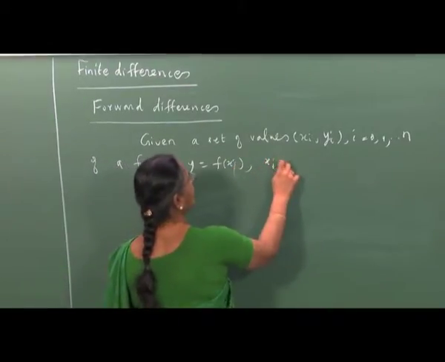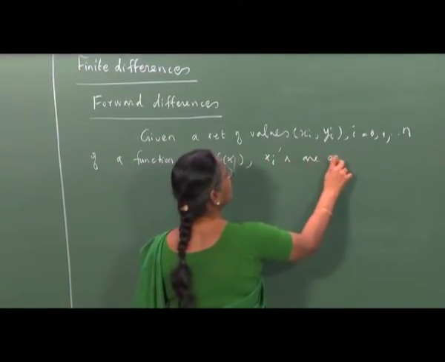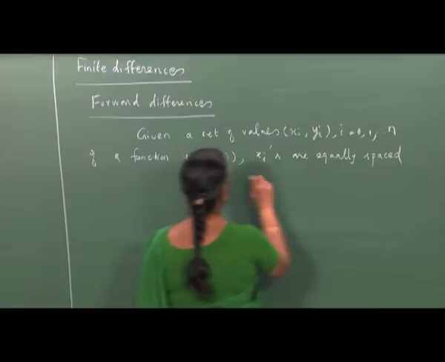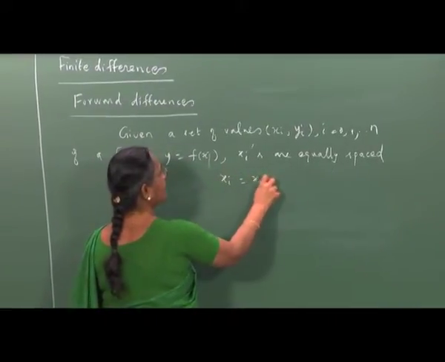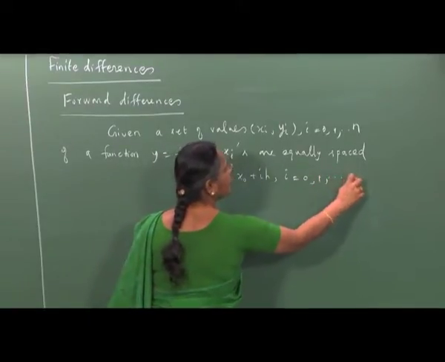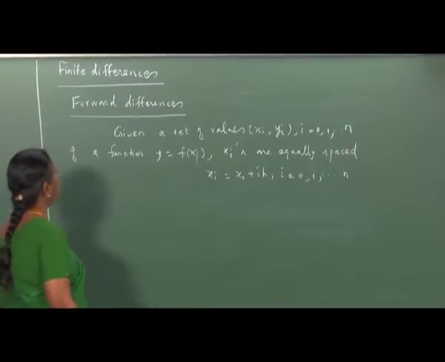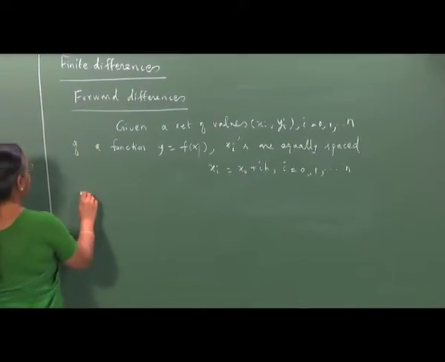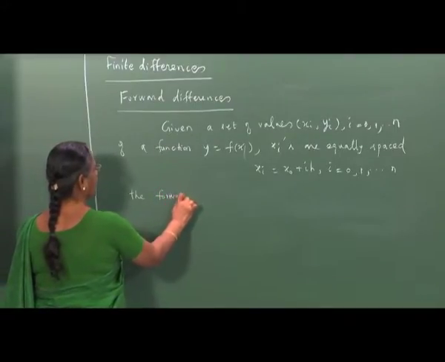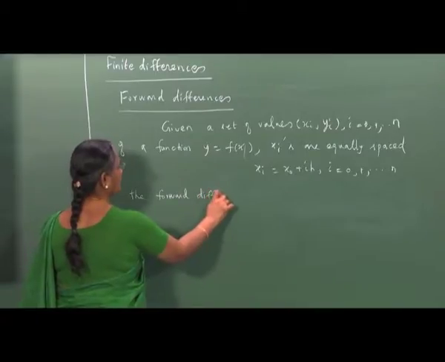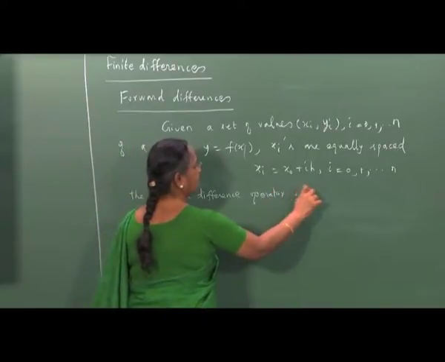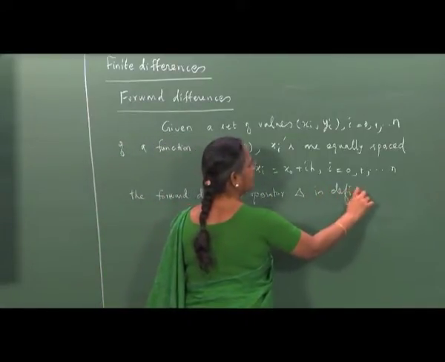where xi's are equally spaced and xi is x naught plus i, for i equal to 0, 1, 2, 3 up to n. The forward difference operator delta is defined as follows.